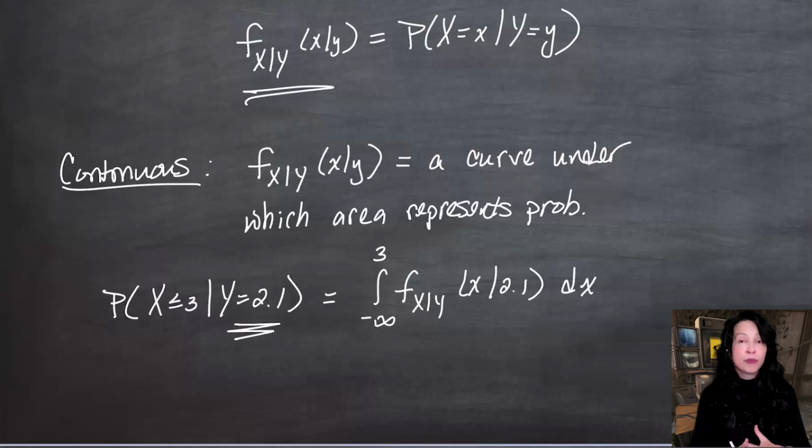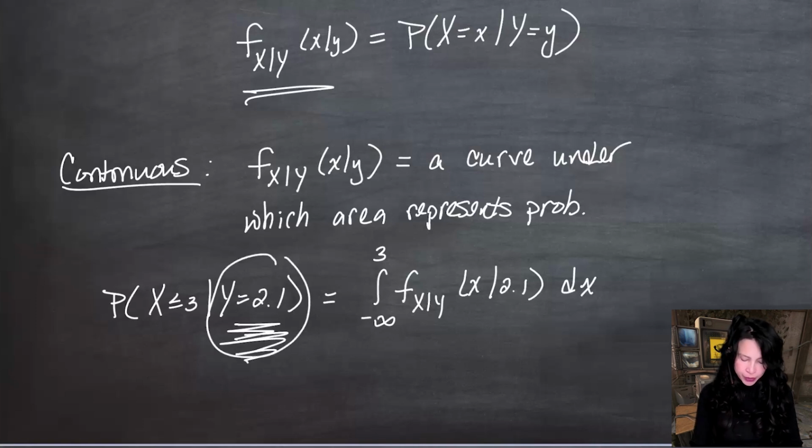But assuming you can measure with infinite accuracy, once you've observed it, if you observe a fish that has length 2.1 inches, then you have. That's been observed. And it's okay for continuous random variables to be equal to numbers if you are on the right side of the conditional line.